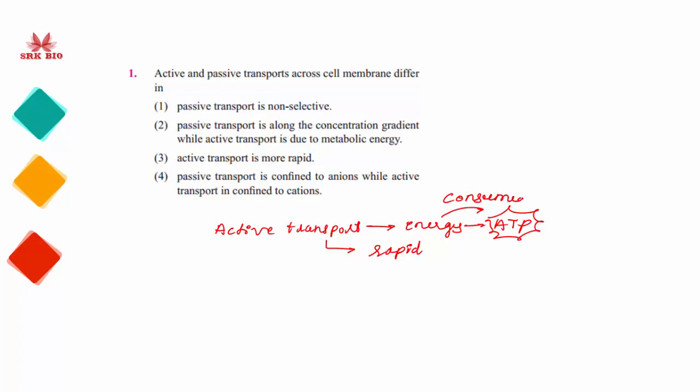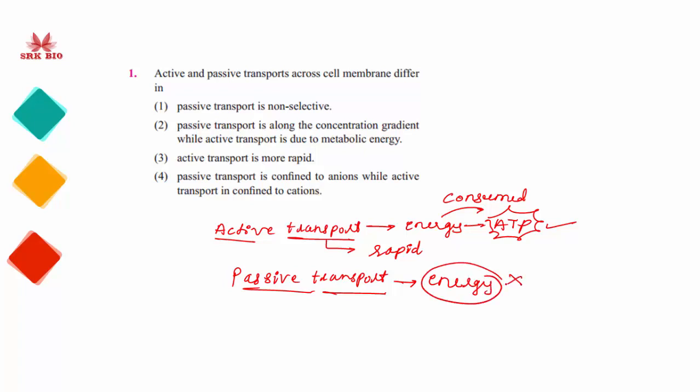So here the energy is consumed in the form of ATP to execute the active transport, whereas the passive transport, the name itself is indicating the movement of molecules occur from the region of their higher concentration to the region of their lower concentration without expenditure of energy.